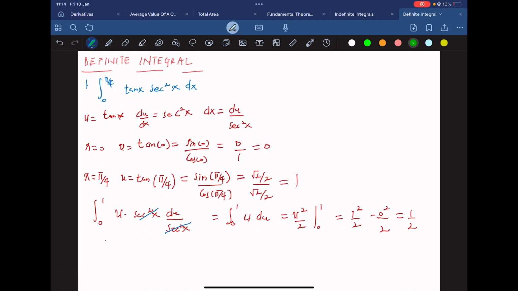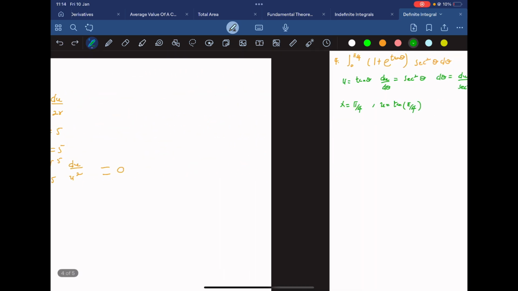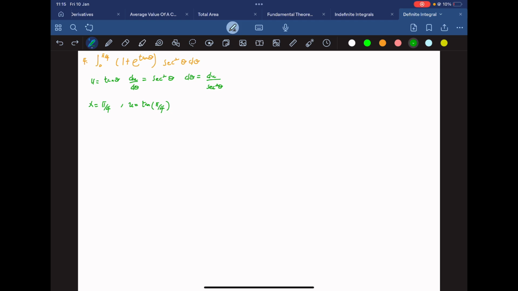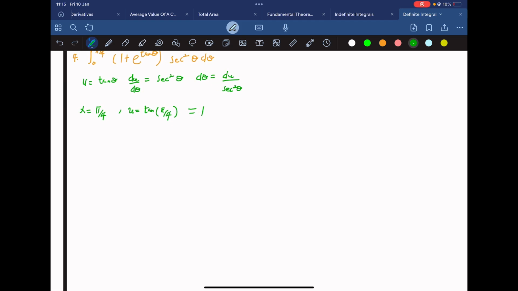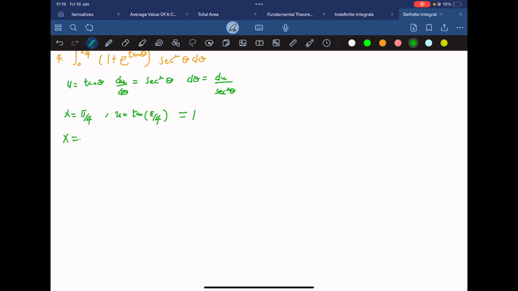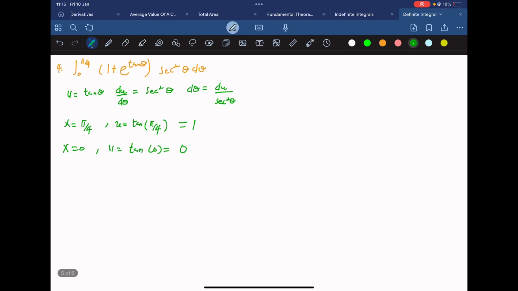Tan of pi over 4 and tan of 0. For tan of pi over 4, we had 1. So in this case, this is equal to 1. And when theta is equal to 0, we have u equal to tan of 0, and this is also equal to 0. So let's rewrite it.